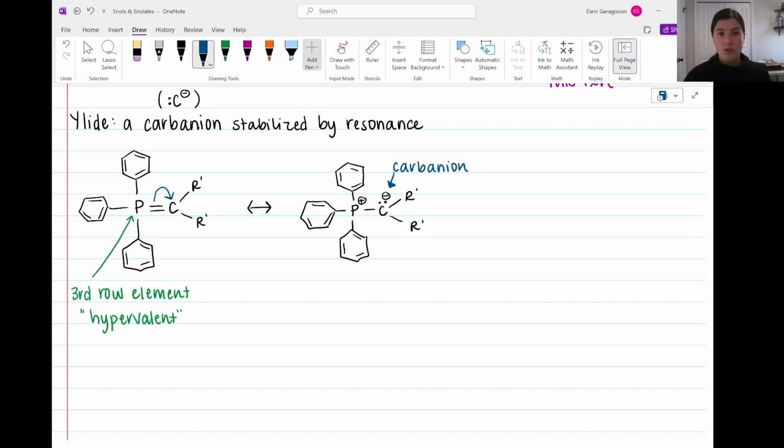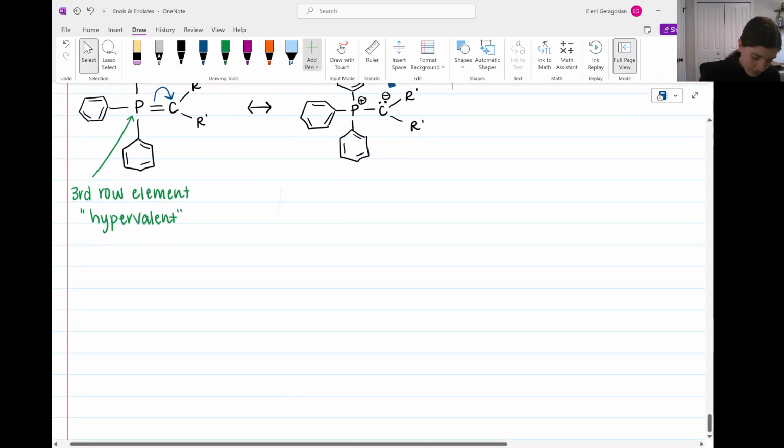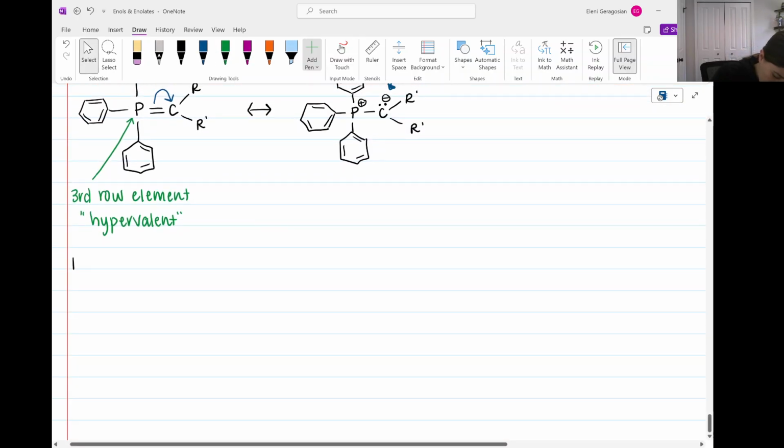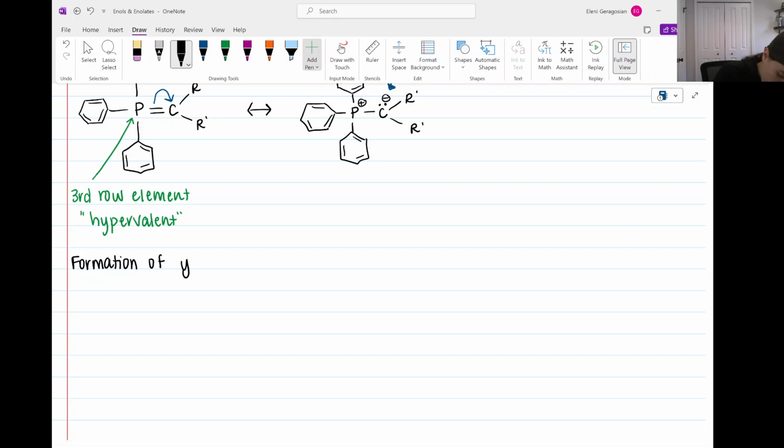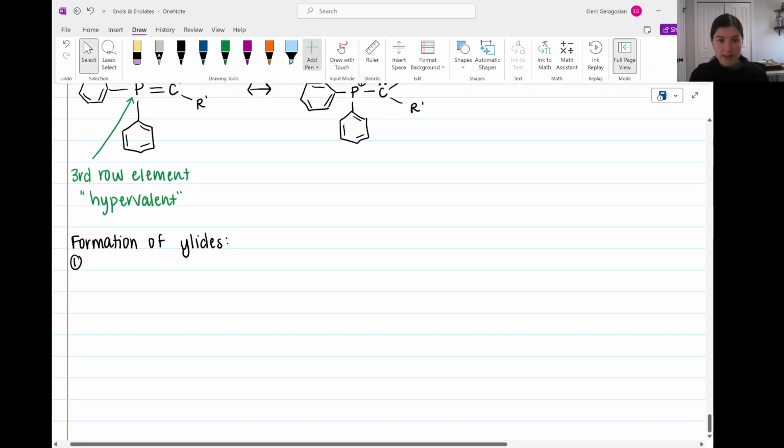So there are a few ways. We'll talk about 2 ways to form this ylide molecule. So we'll show reaction 1 to form the ylide.